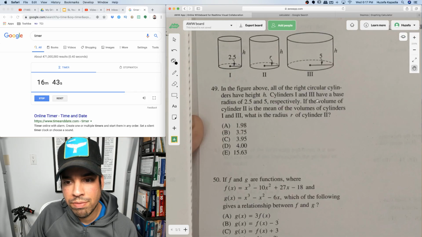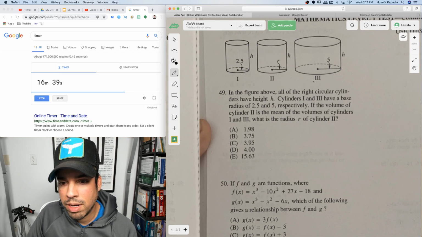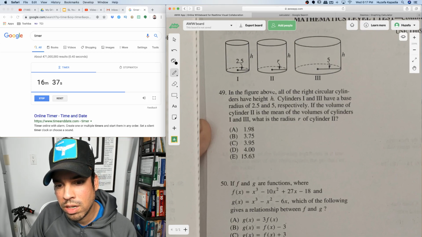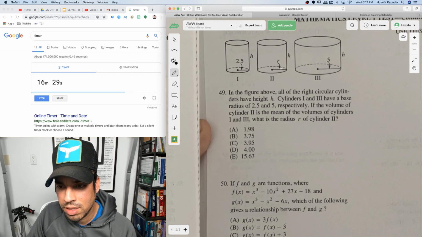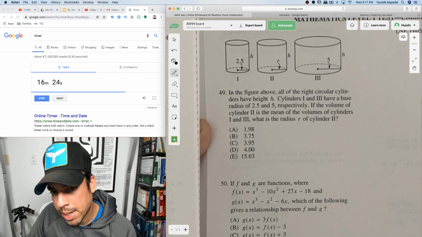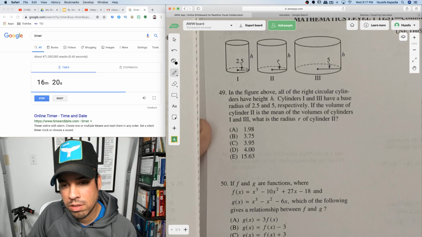In the figure above, all of the right circular cylinders have height h, all the same height. Cylinders 1, 2, and 3 have a base radius of 2.5 and 5 respectively. If the volume of cylinder 2 is the mean of these volumes, what is the radius of cylinder 2? So, okay, I guess we'll do it like this.